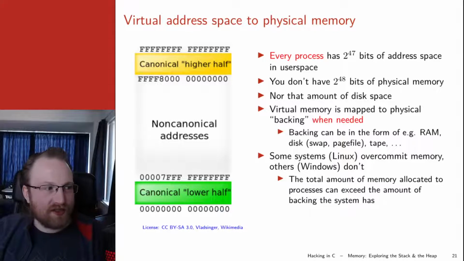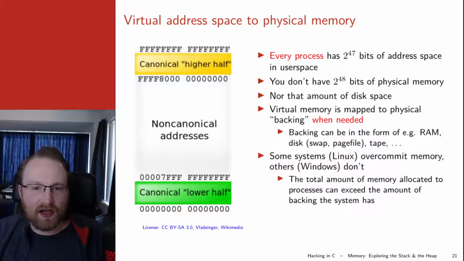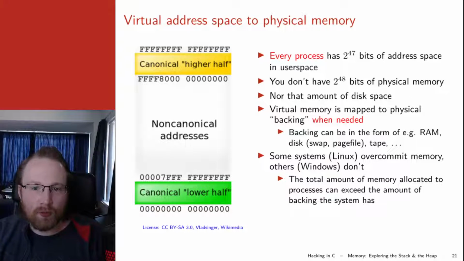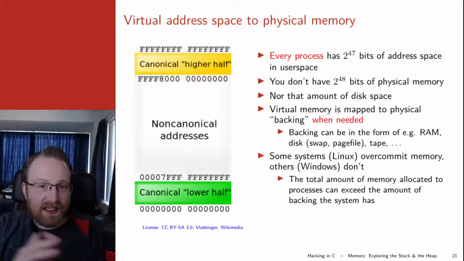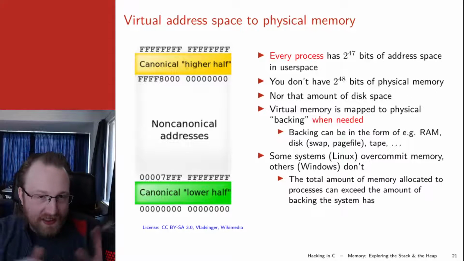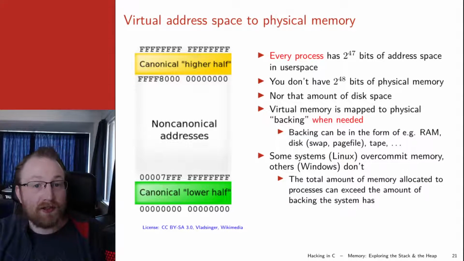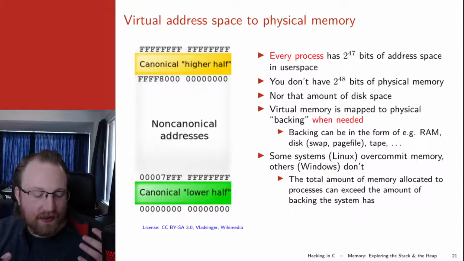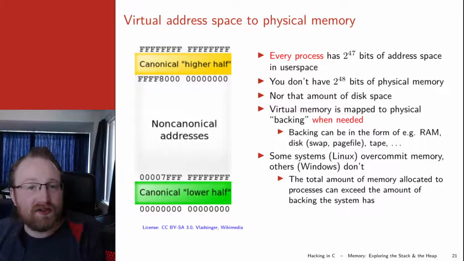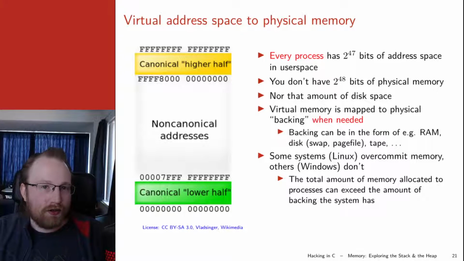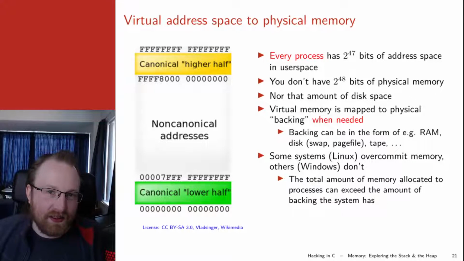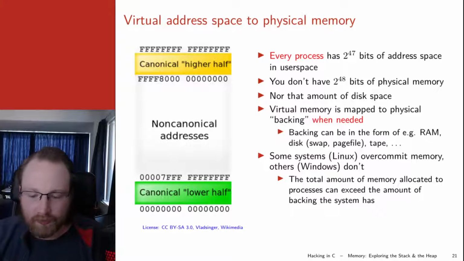So process A asks for 2 gigabytes of memory, process B asks for 2 gigabytes of memory, and your system only has 2 gigabytes of backing in the form of RAM and swap or whatever, then Linux will happily give both those processes 2 gigabytes of memory and just hope they don't use it all. They don't use all the memory they asked for in a way that Linux would have to actually back up the memory. Whereas Windows will just refuse the second one, even though the first one isn't using all the memory that it asked for yet. So this is a bit like speculating on whether or not processes are going to use all the memory they asked for.